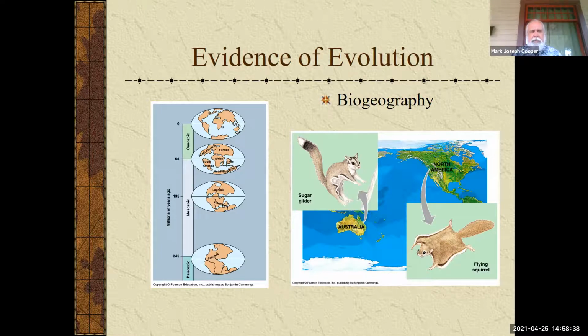And as things started moving around, placentals seem to do better than marsupials in survival rate, but there were no placentals on Australia by the time it moved far enough away to be segregated. So you can kind of map how things have changed as the continents have moved around. And that gives us evidence of changes in evolution.